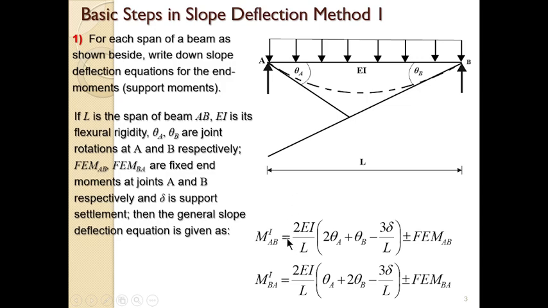And so when you want to write the support moment at B going to A, it becomes 2EI over L into theta A. Notice that in this case, because you're at joint B, theta A is not multiplied by 2. In this case, theta B is multiplied by 2. So minus 3 delta over L plus or minus the fixed end moment at that support. So when you are at support A, theta A is multiplied by 2 and the other theta is not. When you are at support B, the other theta is not multiplied by 2 and theta B is multiplied by 2.